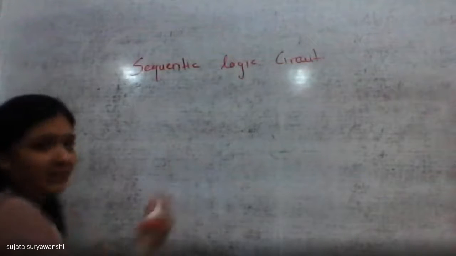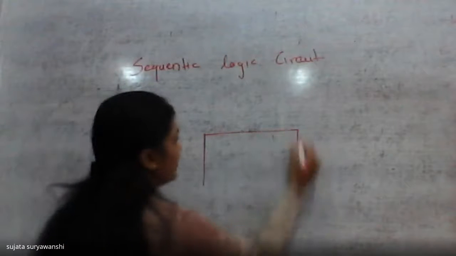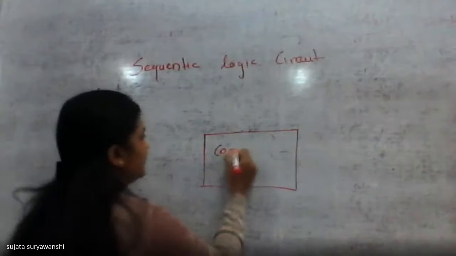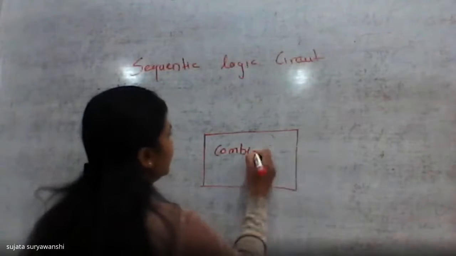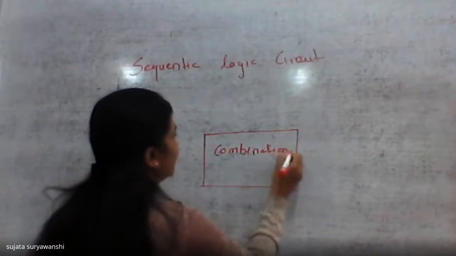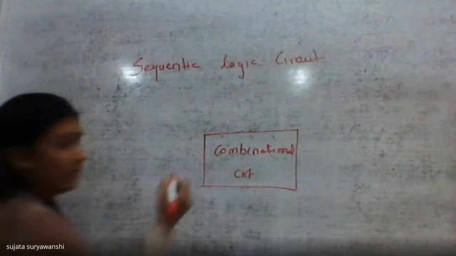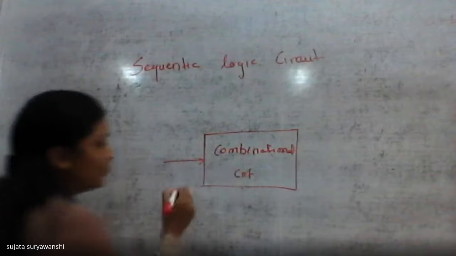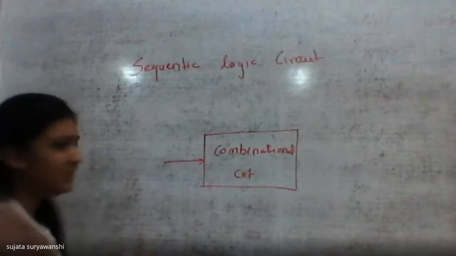I have already told you. Suppose we see the block diagram of a combinational circuit here. Suppose this is your combinational circuit. It takes input, either A, B, C, D or any input signal it gets.